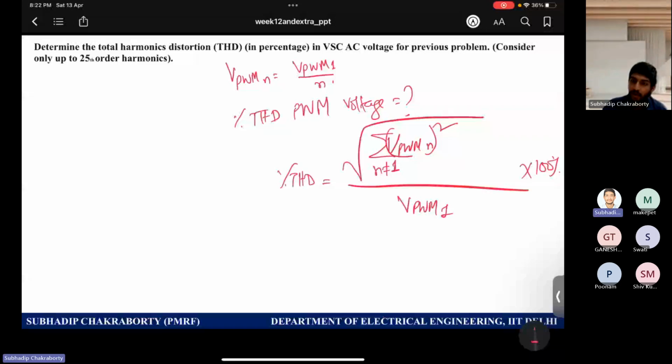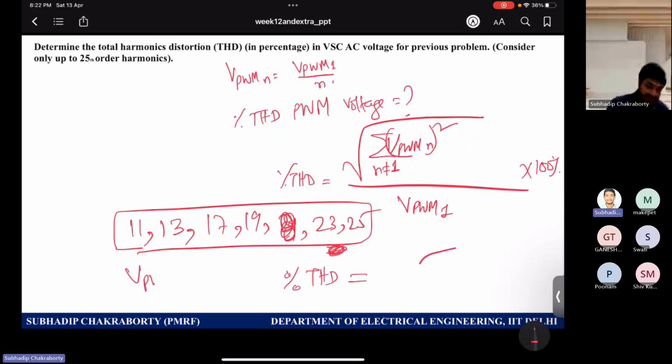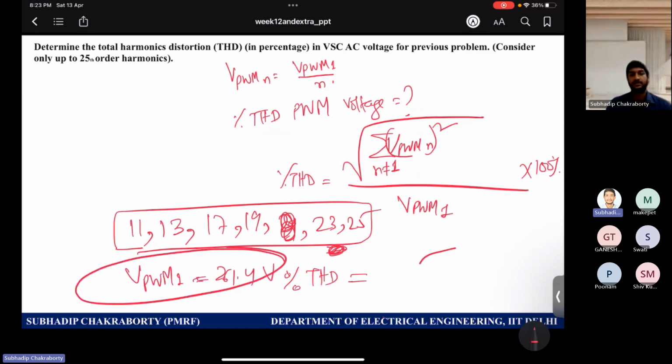Same for all those harmonic components 11, 13, 17, 19, 21, 23, 25. Sorry, 21 is not there. 23 and 25. For these harmonic components, you let me know the percentage THD. VPWM1 is given as 261.4 volts. Take this and let me know. DC voltage, PWM voltage, right?